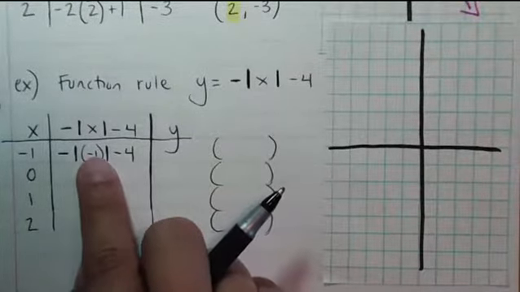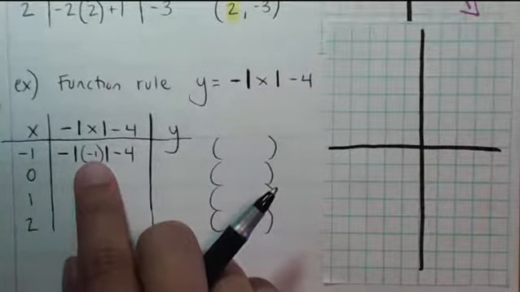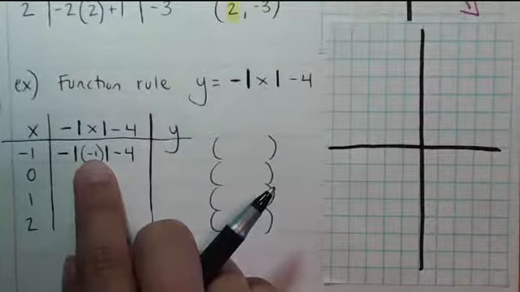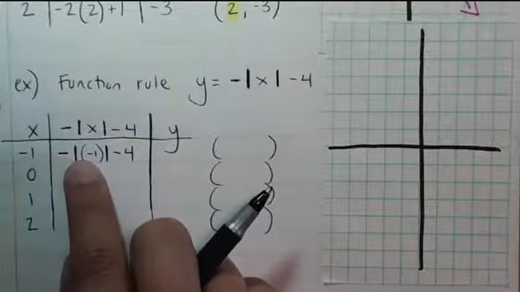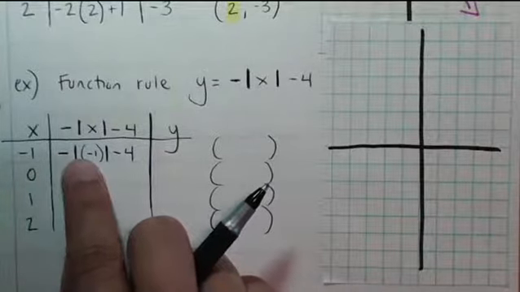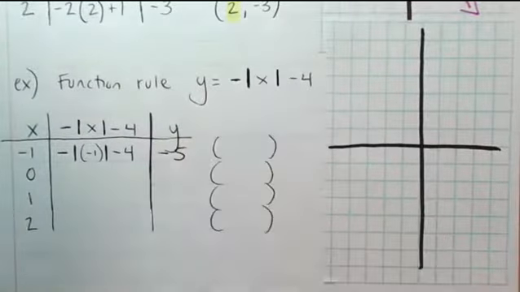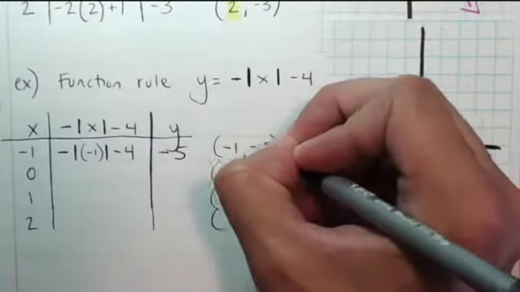When you go in, you might not be a good person, but when you come out, you should be a better person. So -1, distance away from 0 is a +1. This negative ends up making that +1 a -1. -1 minus 4 is -5. So this point should be -1, comma, -5.